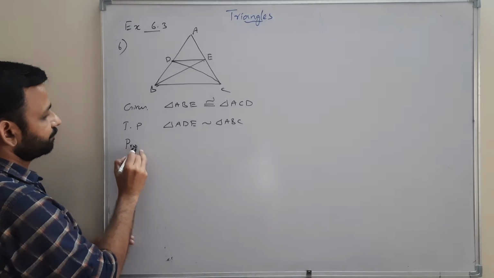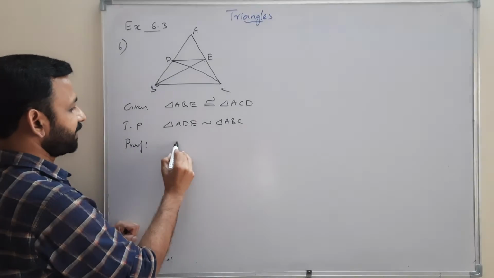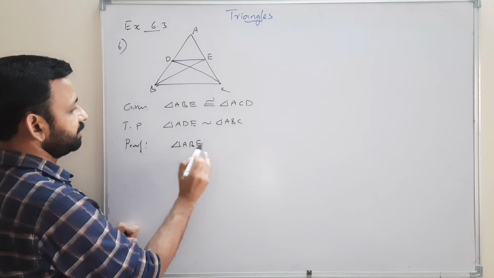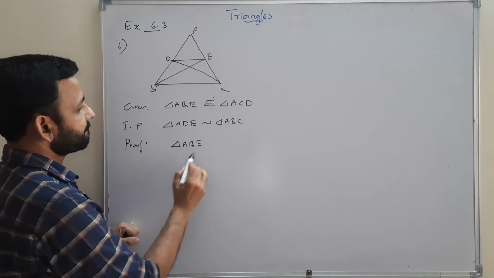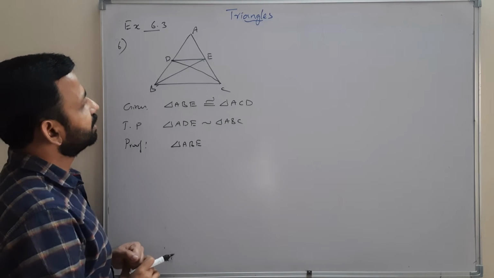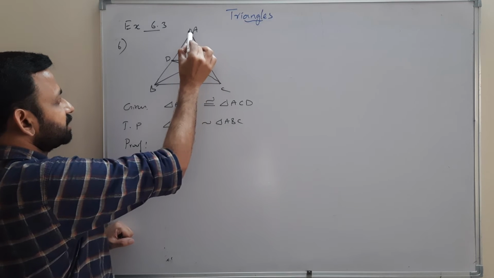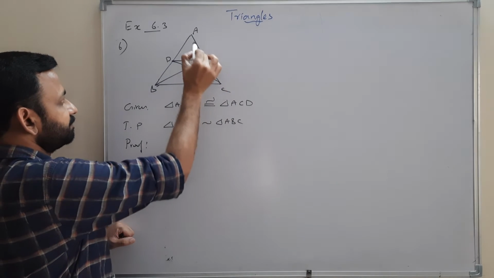Then proof. Given condition, we can write triangle ABE.